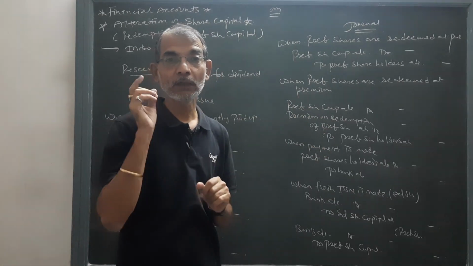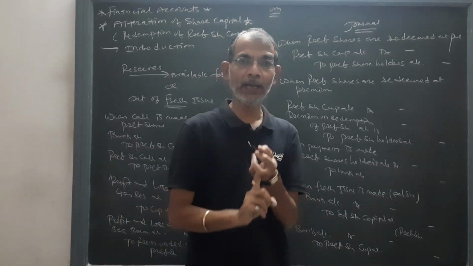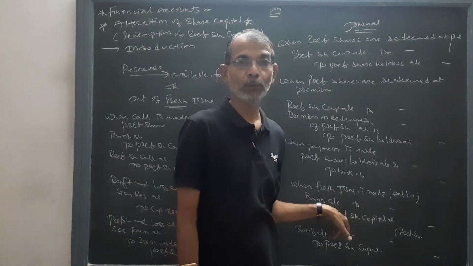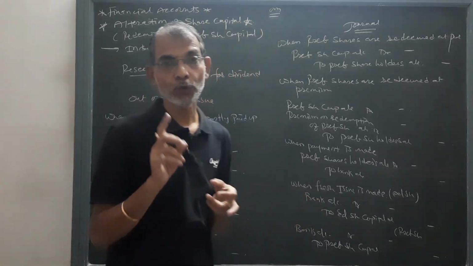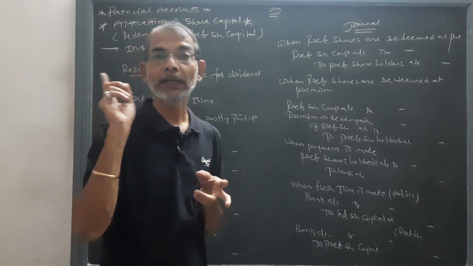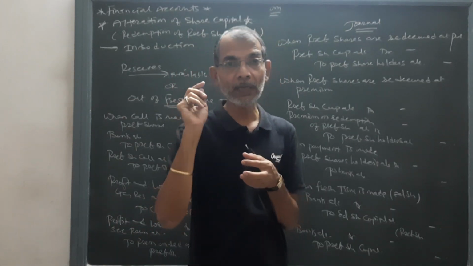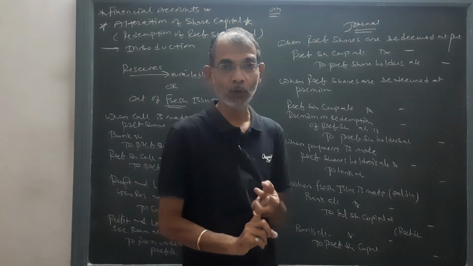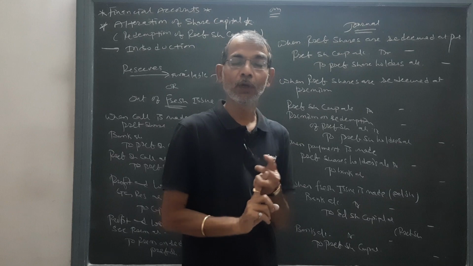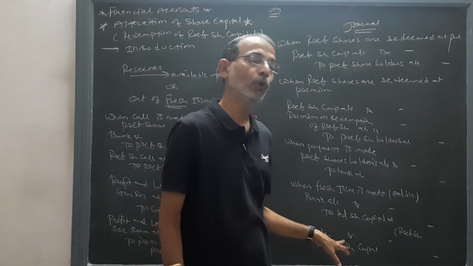The second point is, if capital of 5 lakh is redeemed, then a new issue of 5 lakh should be made. If that is not possible and a new issue of 3 lakh is made, then 2 lakh must be created as capital redemption reserve. Or if the company has available balance to create capital redemption reserve, then the company should create capital redemption reserve and does not need to issue new shares.